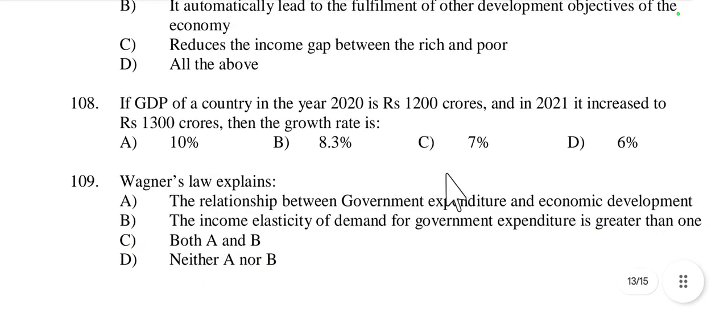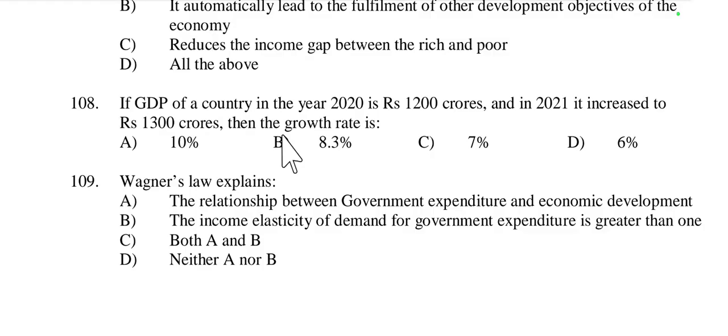Then question number 108: if GDP of a country in the year 2020 is 1200 crores and in 2021 it increased to 1300 crores, then the growth rate is. In 2020 1200, in 2021 1300. So we have to find out what the growth rate is in between this time.